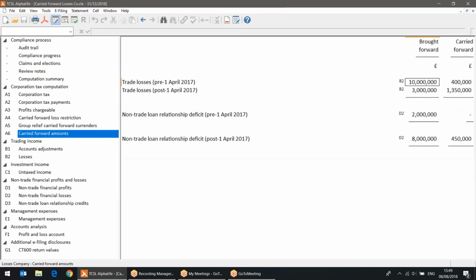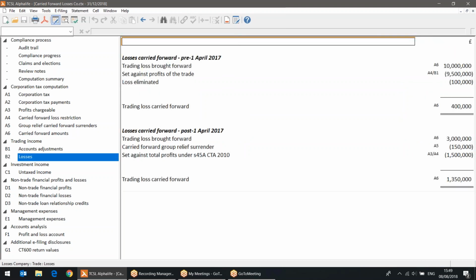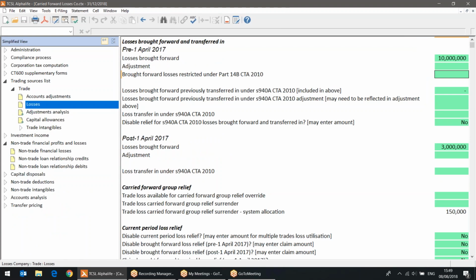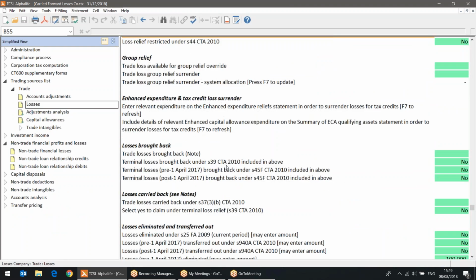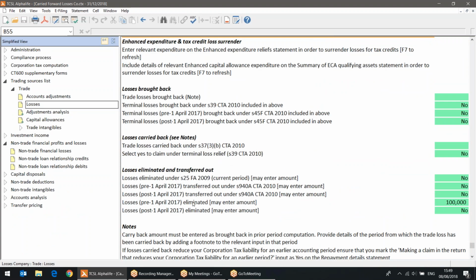In Alphatax, you will see throughout the computation that we now keep track of these pre and post 1 April amounts separately on all report statements. We also now have additional inputs where required in order to affect these streams separately, such as the trade losses eliminated field, which you'll now see on screen appears twice.